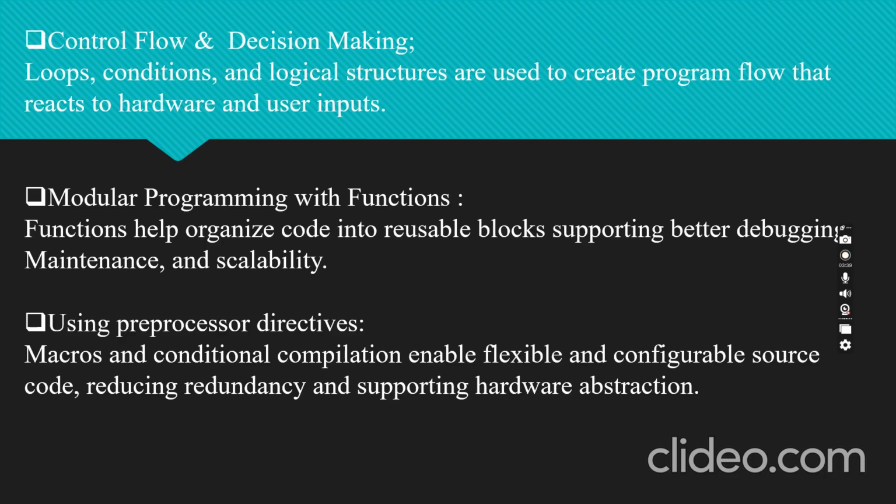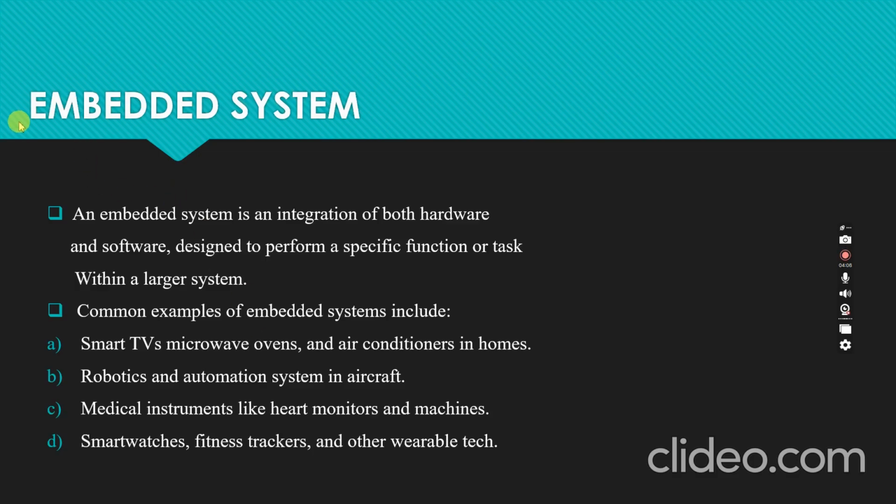First we think about what things we are using to make the washing machine easier, because not everyone knows about the technology, so we make it usable for those who don't know about the technology. They can also use these things. This is the main control for decision making. Modular programming with functions using preprocessor directives. These things we can use.